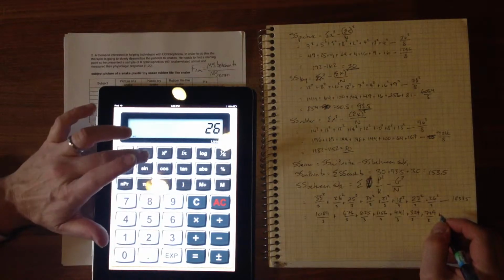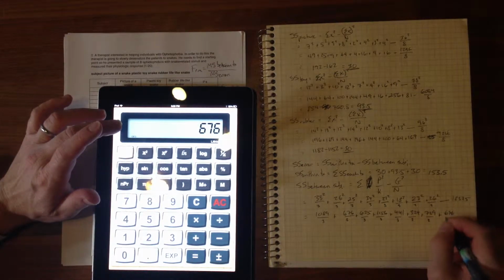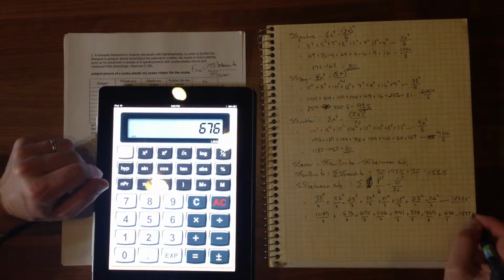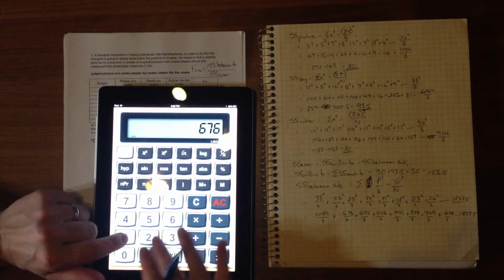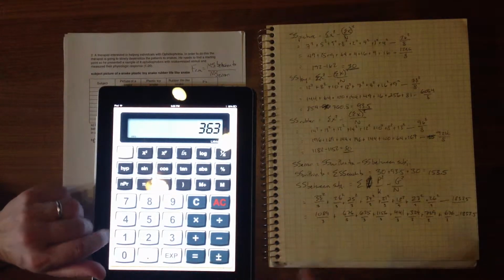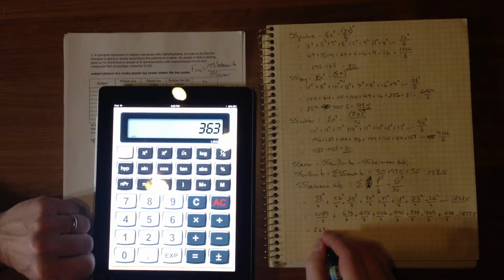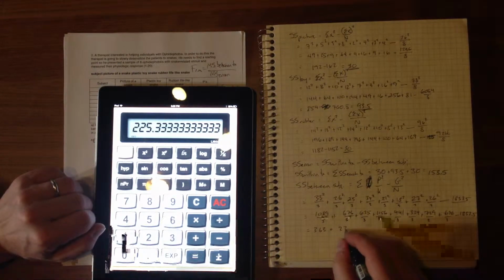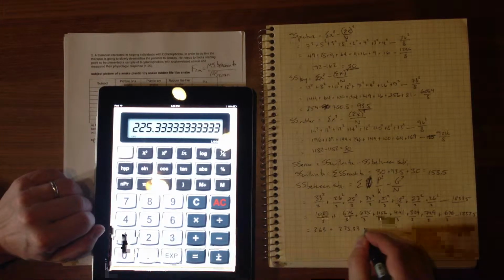And 26 squared is 676. Don't forget, subtract this term, 1837.5. Let's divide. 1089 divided by 3, 363, 676 over 3, 225.33 with some rounding.